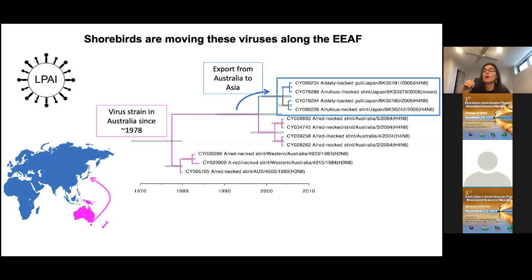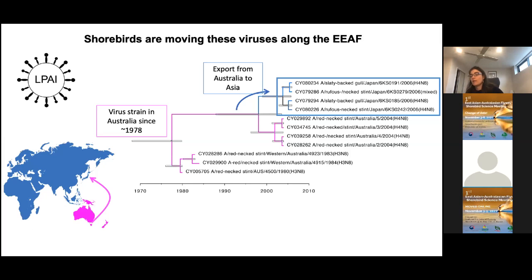But there is also, on rare occasion, evidence of movement from North America to Australia, which is quite interesting in our understanding of avian influenza dynamics in birds. This is perhaps not surprising, given we know that some shorebirds go to Alaska, and then from Alaska fly to somewhere like Australia. So they're definitely moving these viruses around.